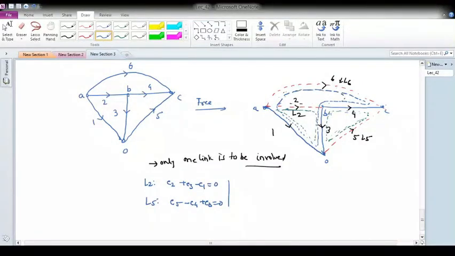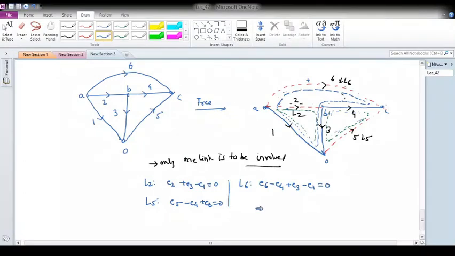Now from link 6 I have found one more loop, that is ACBOA. For L6, start from this polarity, plus minus, then E6, then I go to the fourth branch, which is opposing, so minus E4, then plus E3 according to my assumed direction, and here it is minus plus, so minus E1, equal to 0.